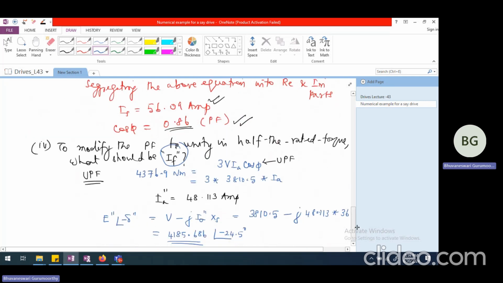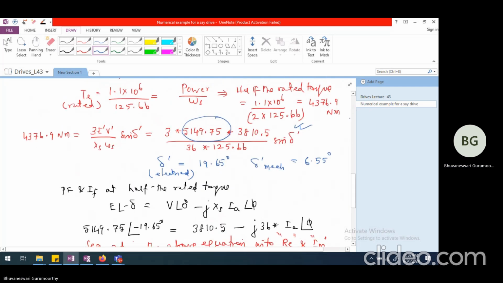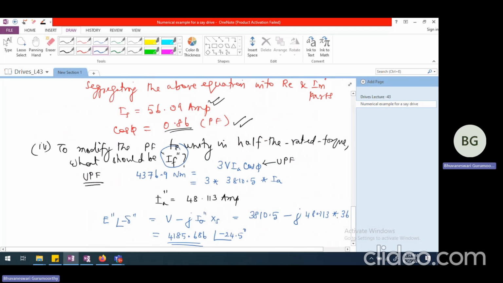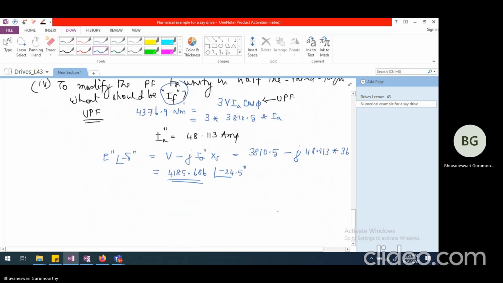So we can say 5149.75 volts, when E equal to this, then IF was 12 ampere.